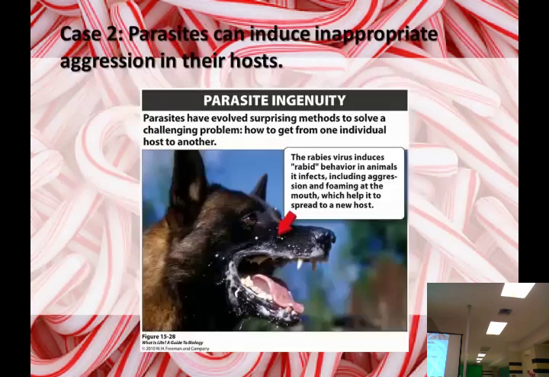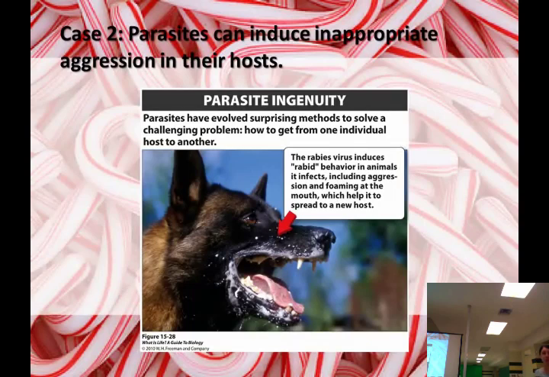Another similar case, one that you may be more familiar with, dogs with rabies. Dogs can have an inappropriate level of aggression in their host. So when a dog gets rabies, all of a sudden it becomes very aggressive. And the reason that it becomes so aggressive is because the rabies virus, once it introduces this rabid behavior into the animal, causes aggression and foaming at the mouth, which then when the dog goes on to bite another dog or bite a human, the rabies virus gets spread that way.